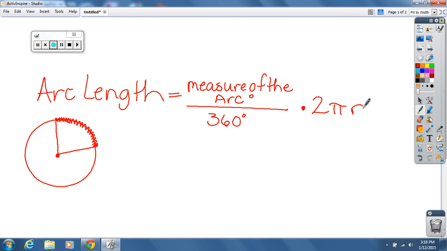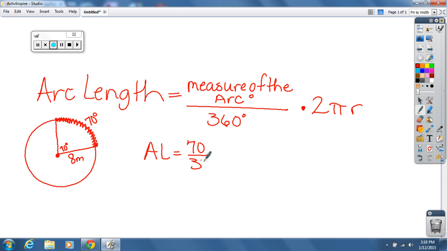So if I create a problem for this, perhaps I told you that this was 8 meters and that this arc was 70 degrees. Remember back when we did circles, in the beginning we talked about central angles being the same as their arc. So if that's 70, this is 70, and all I have to do is fill in the missing parts. So the measure of the arc is 70.